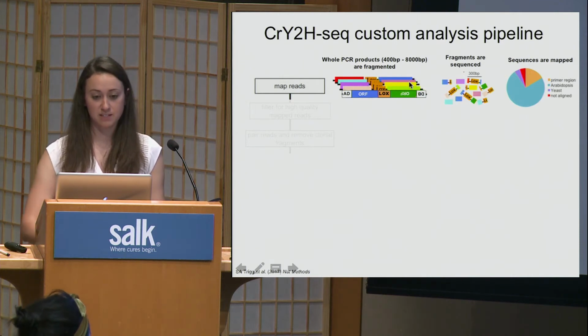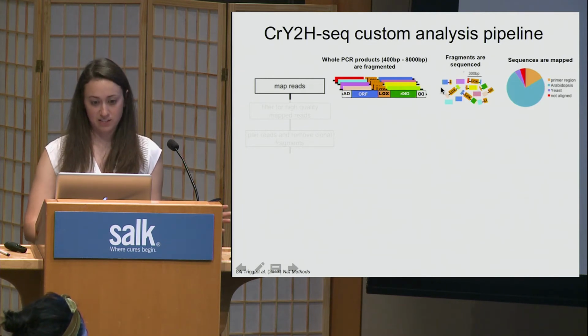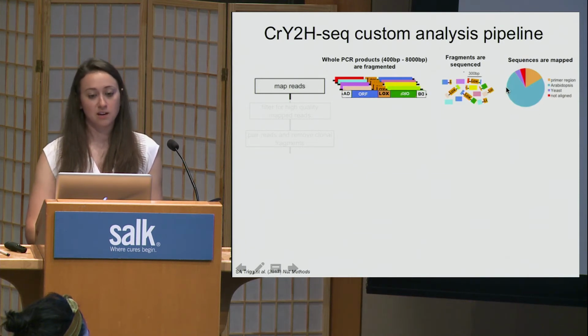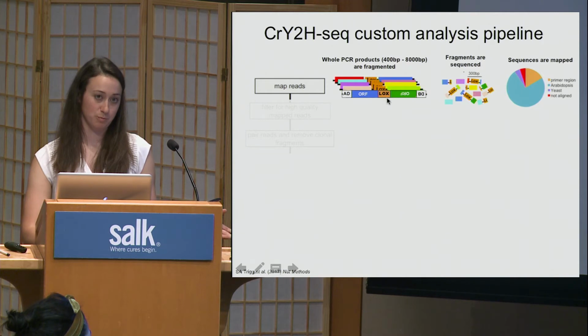And they get fragmented to these 300 base pair pieces. And then the sequencer generates reads from each side of these fragments. And so I map the reads to this custom genome, and you can see that most of the reads map to Arabidopsis and the primer sequence, which makes sense based on what we're putting on the sequencer.